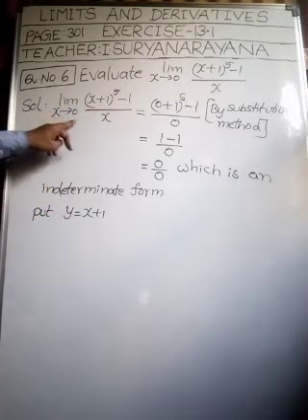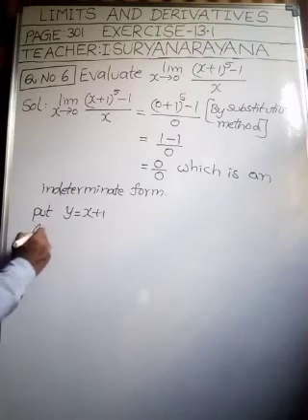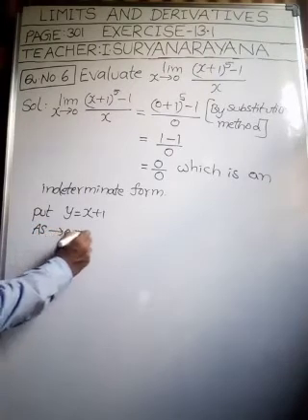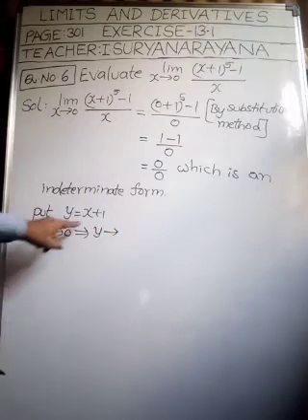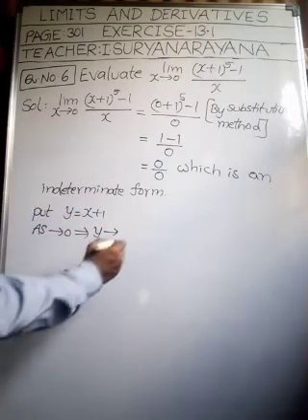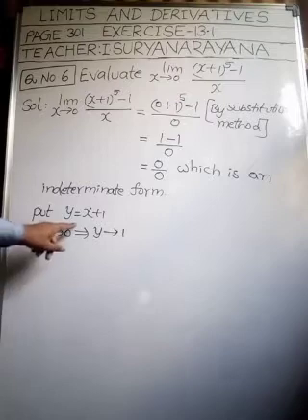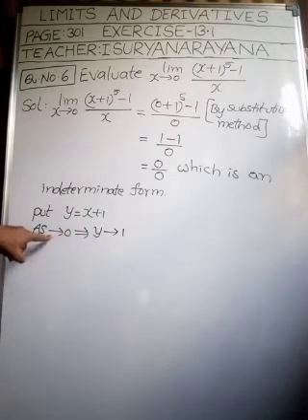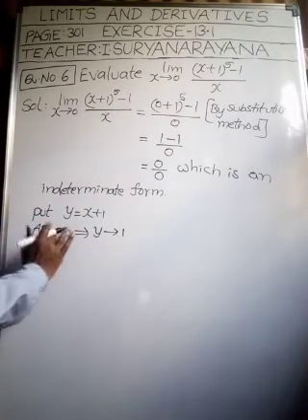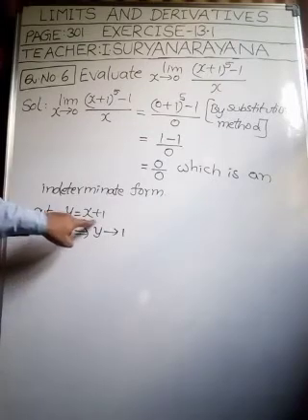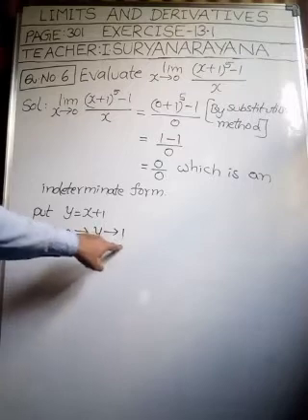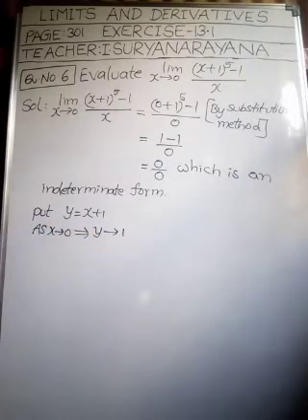Now, as x tends to 0, then y tends to, put x is equal to 0, what will you get here? 1. Understood this step, my children? As x tends to 0, means we put x is equal to 0 here, what will you get? y is equal to 1. So, y is approaching 1.